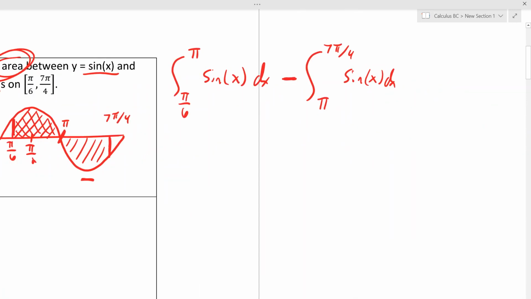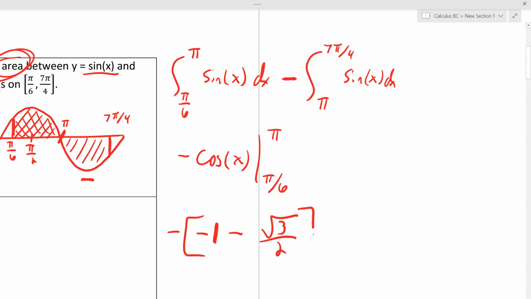Okay, so the integral of sine, everybody knows, is negative cosine. That's from pi over 6 to pi. We'll do this first. So you get negative 1 when you plug in a pi there. Minus, when you plug in a pi over 6, you get root 3 over 2. That's that first part. Cool.